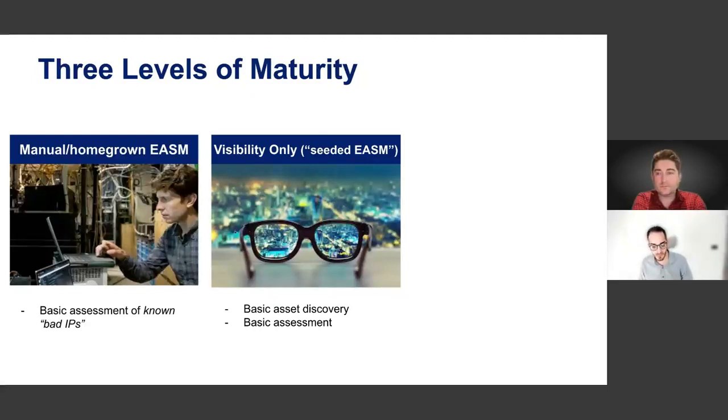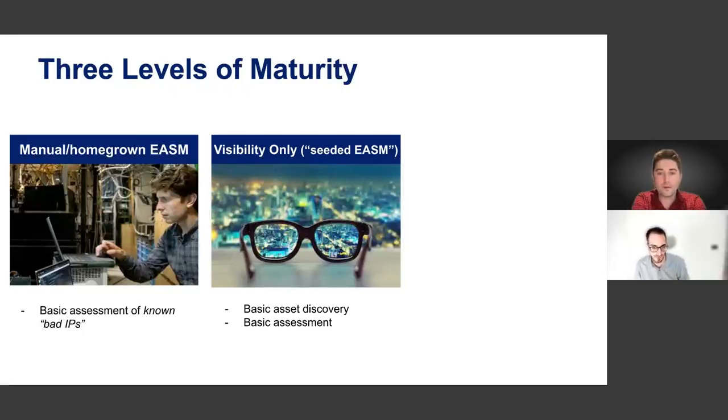Level number two was born over the last, call it 5 years gradually. And now there are probably at least hundreds, if not 1,000, maybe 2,000 companies out there that are using this approach. And it's an external attack surface management product or some automated process at some level.